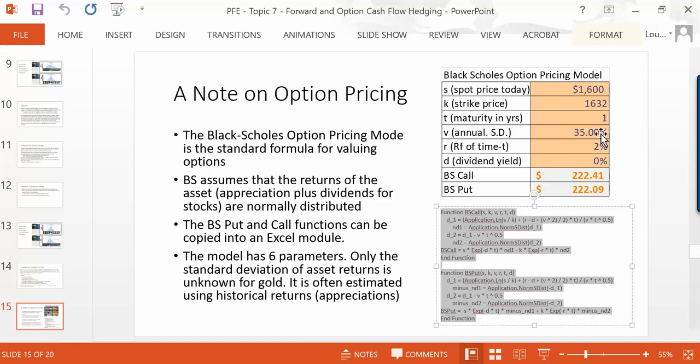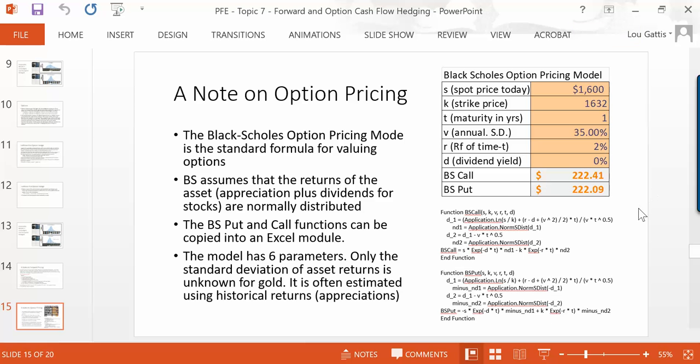The annualized volatility of gold returns is 35%. The risk-free rate is 2%, accounting for the time value of money. And since this is a model that was built for stocks, we're going to put 0 as the dividend yield. This BS put spits out that in theory, this should be selling for $222.09 an ounce, and that's where I got that value.